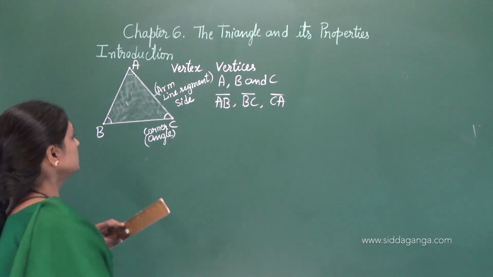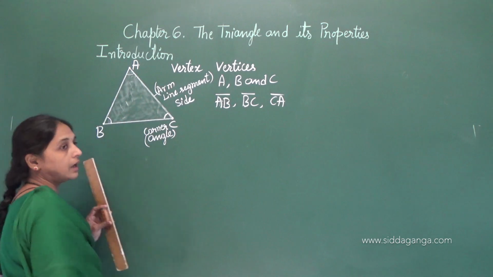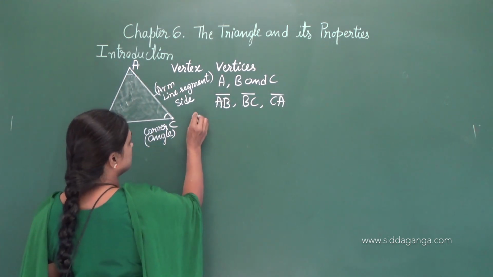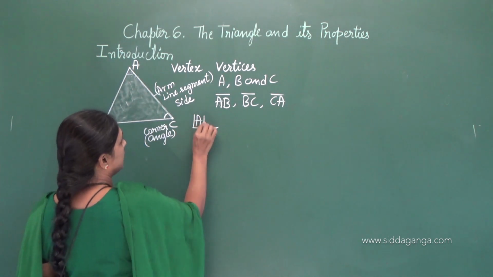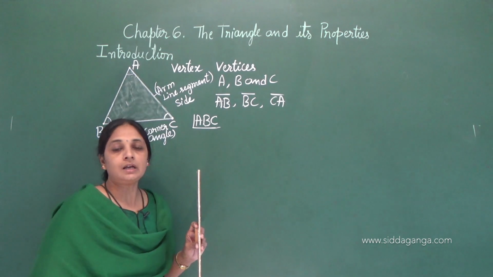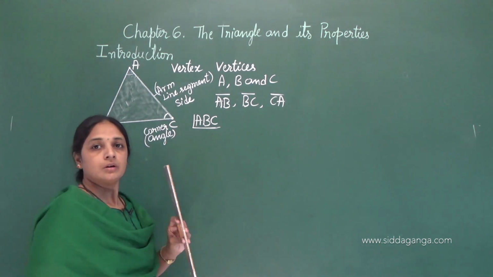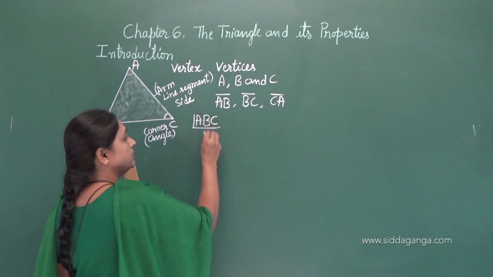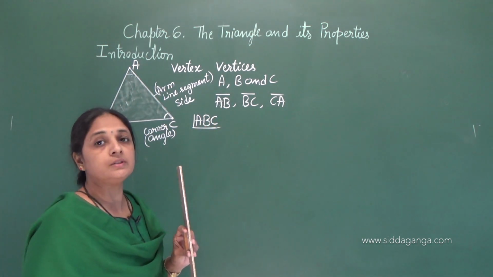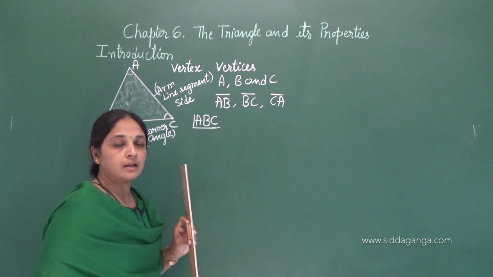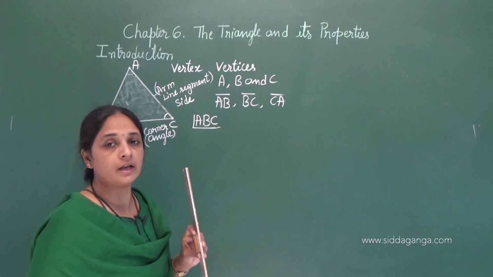Then these are the 3 angles, and angles can be denoted like this: angle ABC. Here we take the names of the 3 vertices, and the letter in the middle, in the center of these 3 letters, is the point where the angle is.